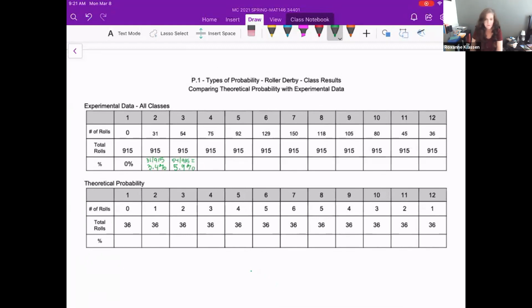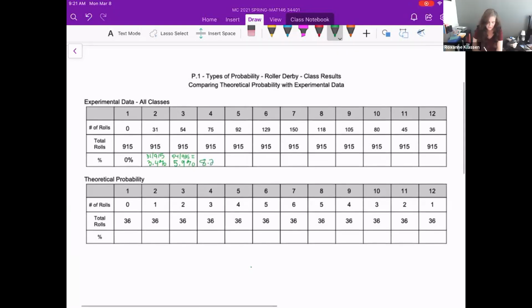All right, for fours, Amanda, what did you get for 4? 82%. I like your digits. I'm not sure your decimal's in the right place. 8.2%. There you go. 8.2%.